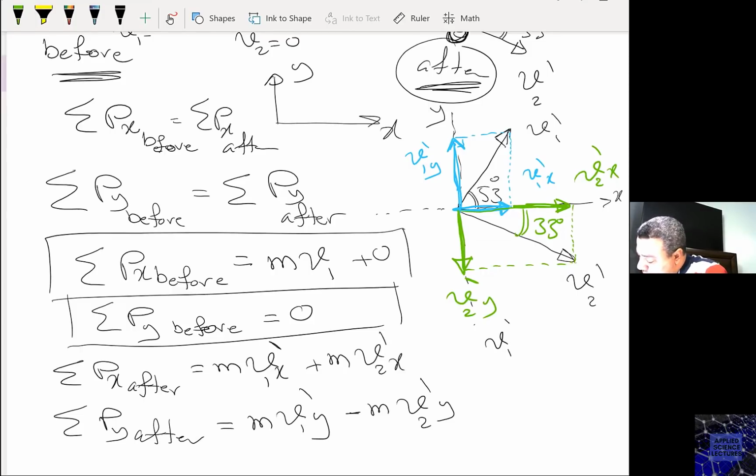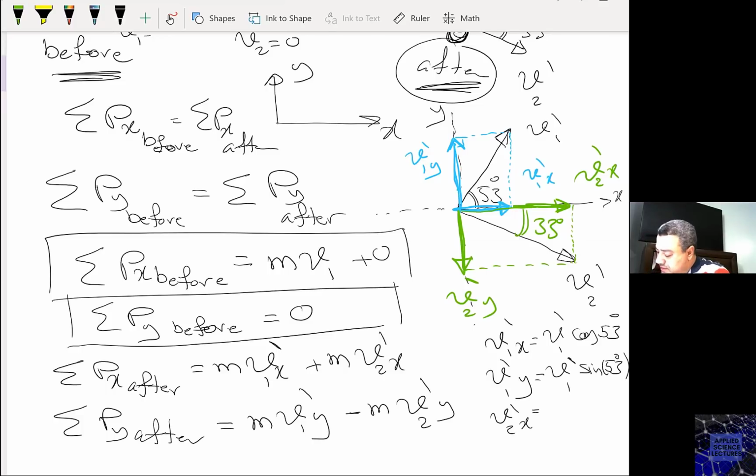V1 prime x is V1 prime cosine 53. V1 prime y is V1 prime sine 53. V2 prime x is V2 prime cosine 33.